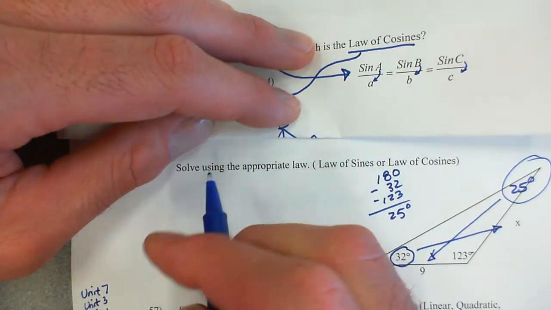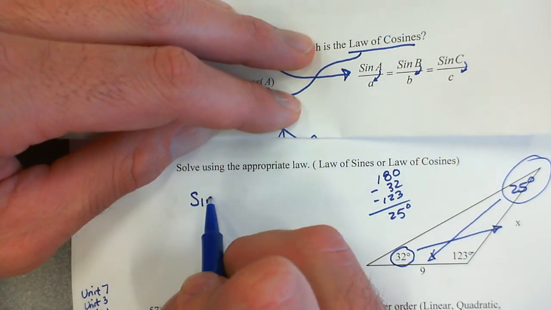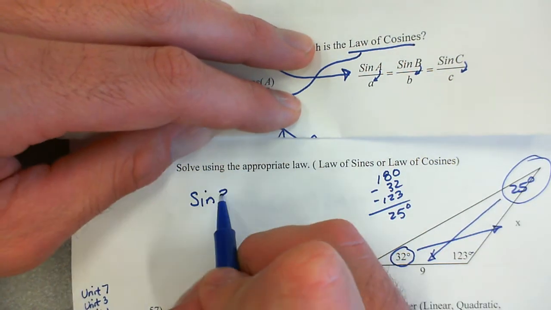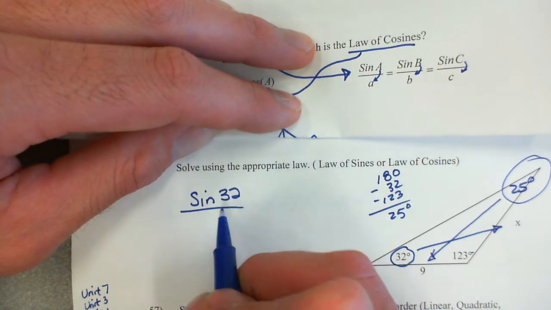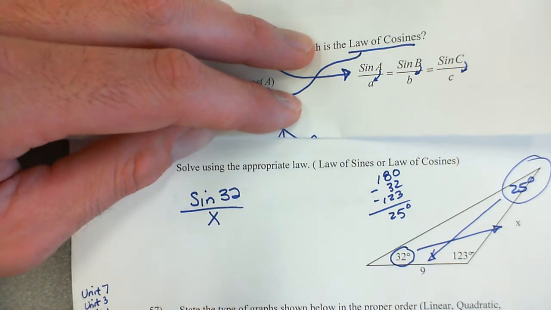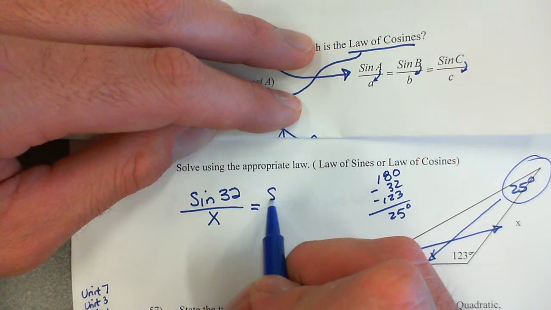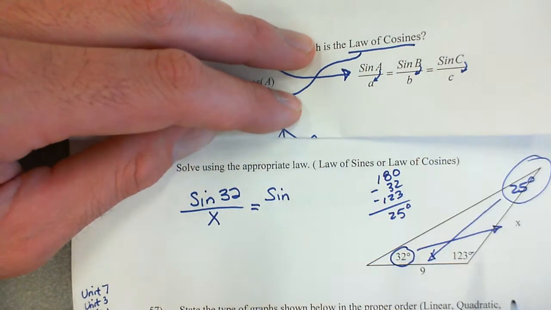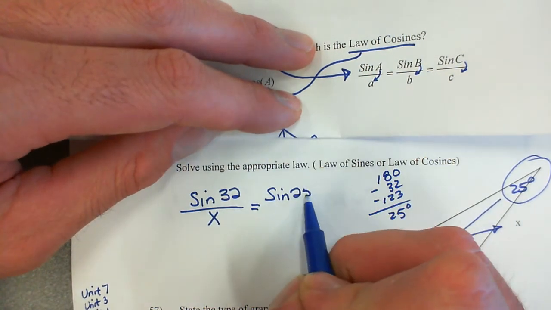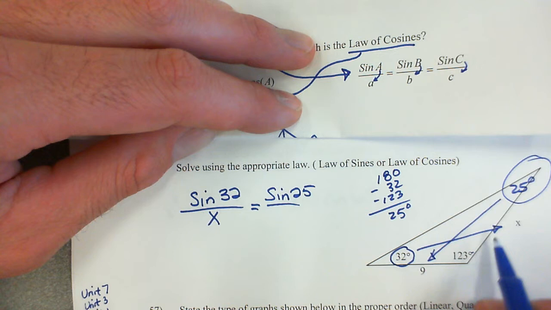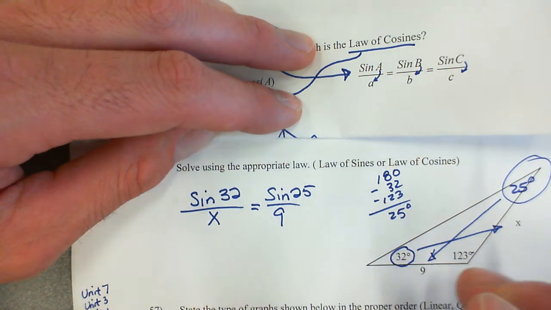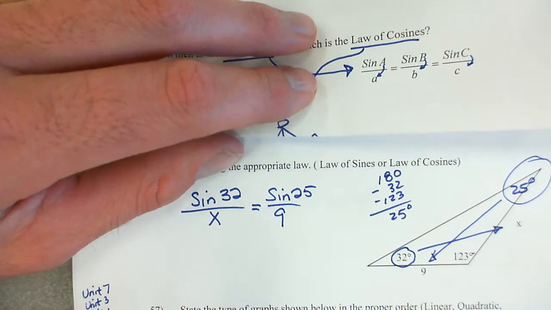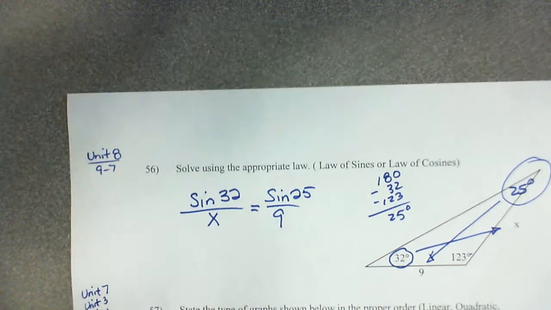Okay. So now let's use the law of sines. So this is the sine of 32 over that side, which is x, equals the sine, we need another angle, so that's going to be 25 over the side opposite it, which is 9. So now we've got our equation.